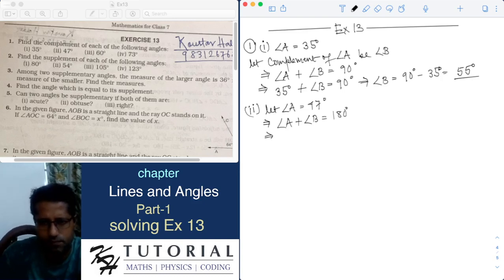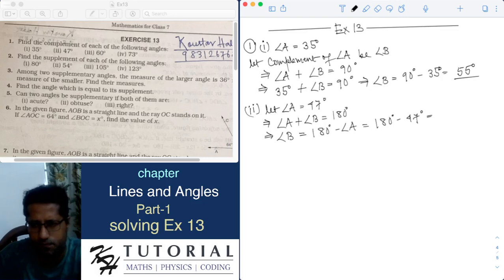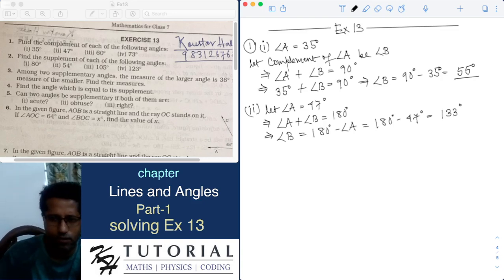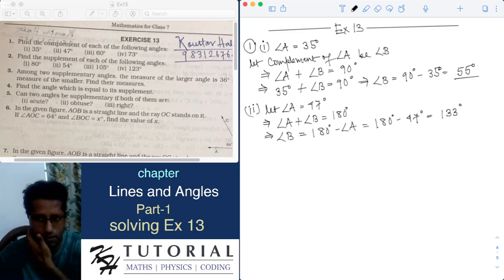This implies angle B will be equal to 180 degrees minus angle A. This is 180 degrees minus 47 degrees, which is 133 degrees.